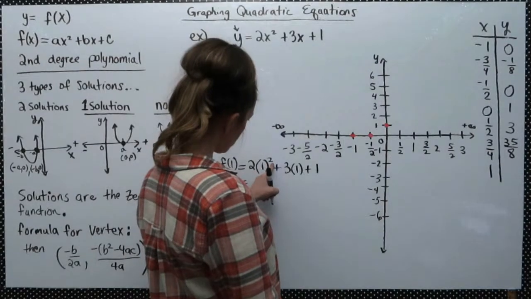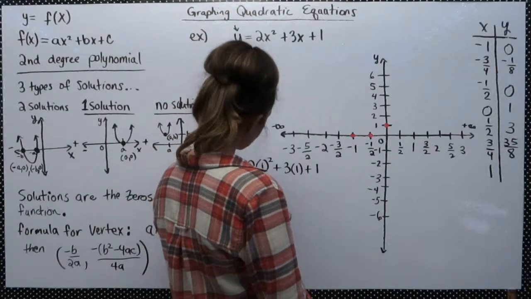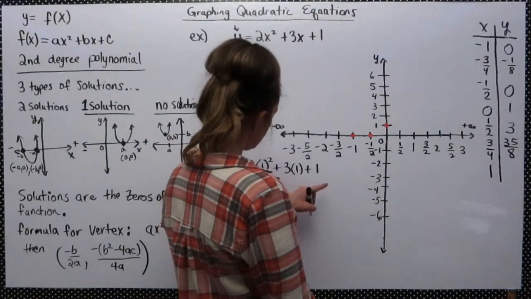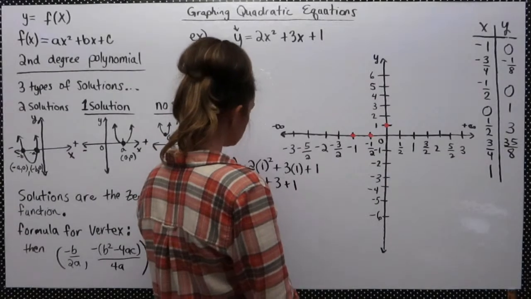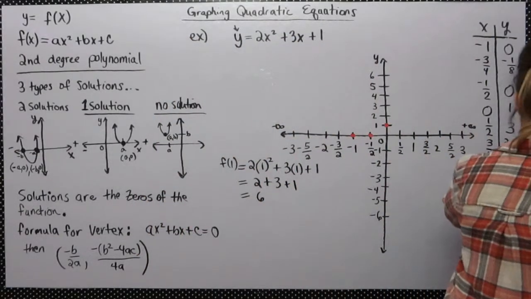So 1 squared is 1 times 2 is 2. 3 times 1 is 3. And then just 1. So it looks like we got 6. All right. Let's go ahead and plot these points so we can wrap it up.